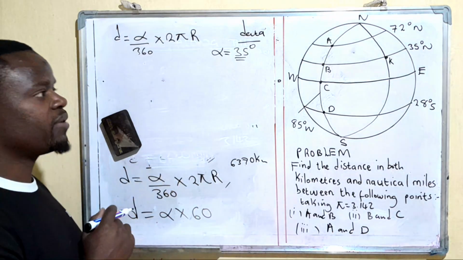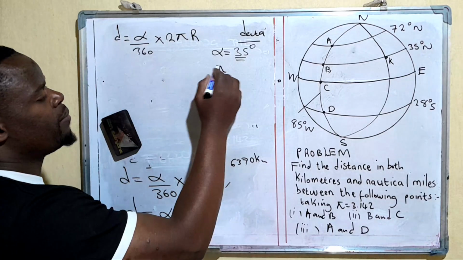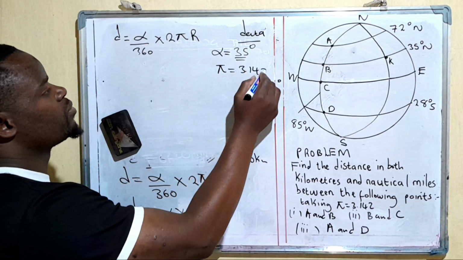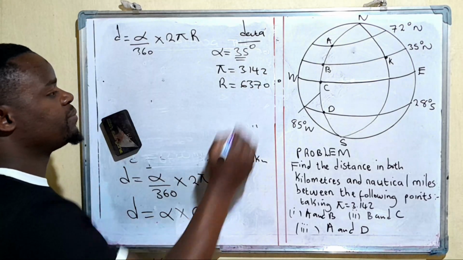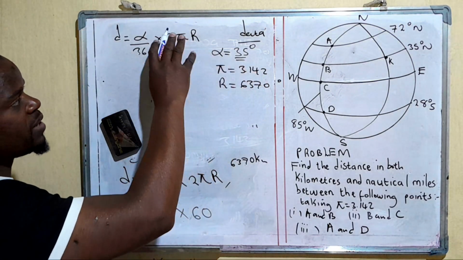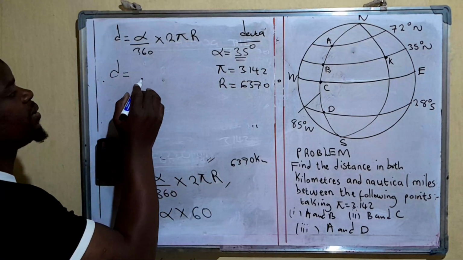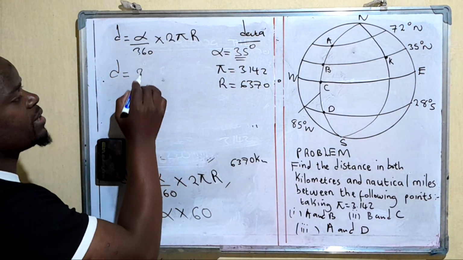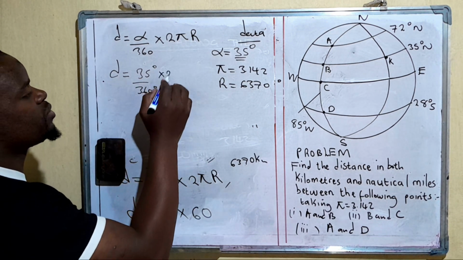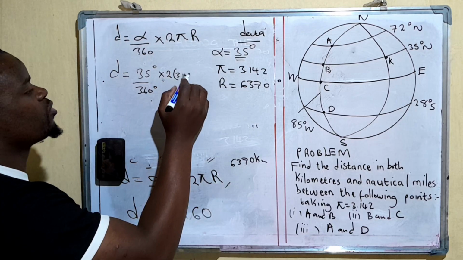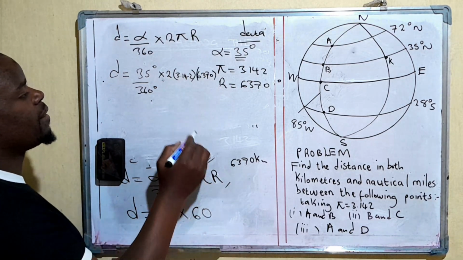With that in mind, we can now move on and write pi as 3.142, then r is equal to 6370. We can plug those values into the equation, and we're going to have distance is equal to the difference in latitudes, 35 degrees, over 360 degrees times 2 times 3.142 times 6370.